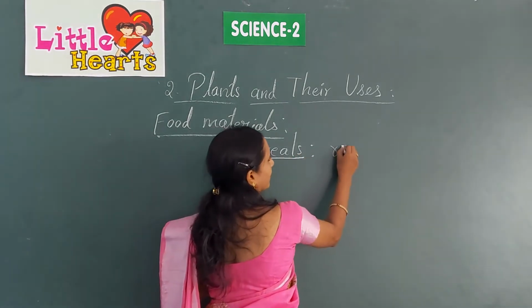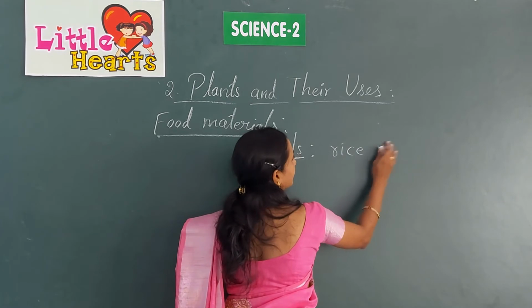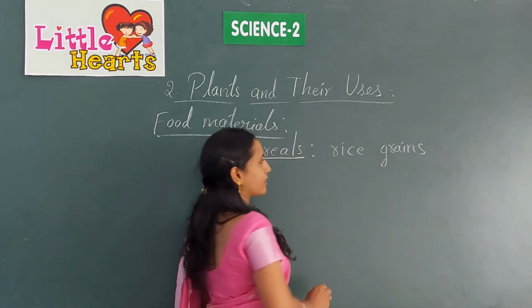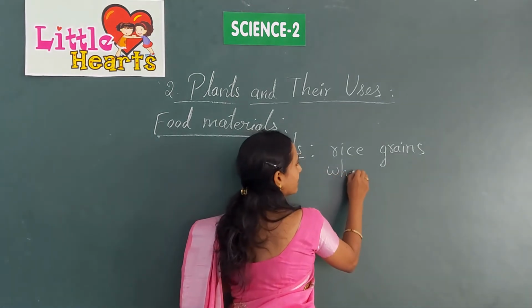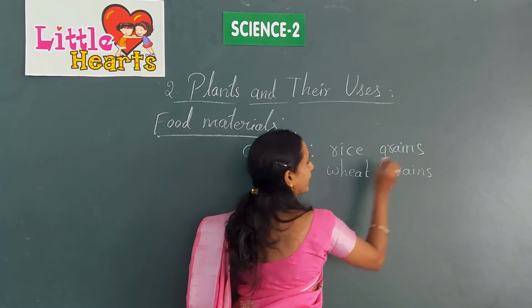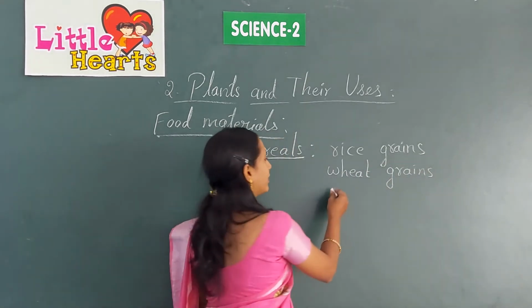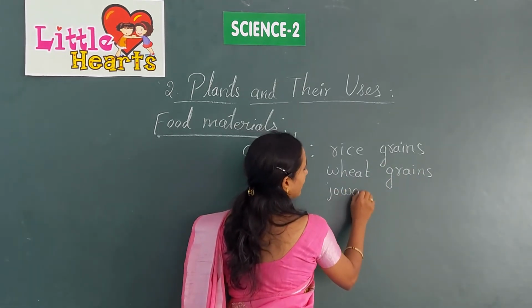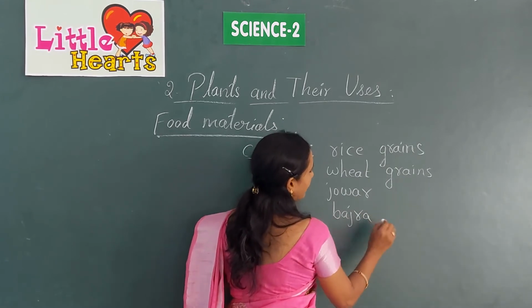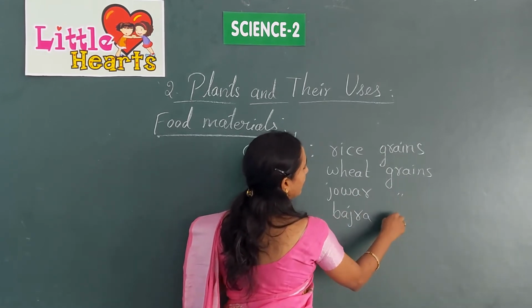We get rice grains, wheat grains, jowar, bajra, etc. These are also grains.